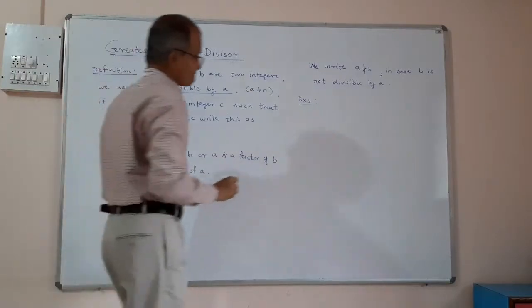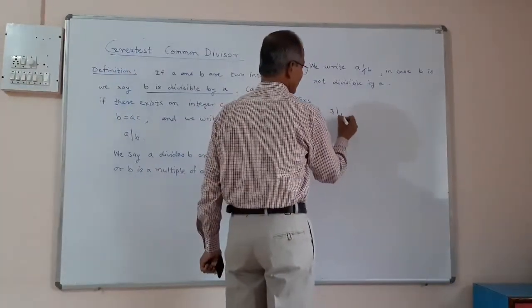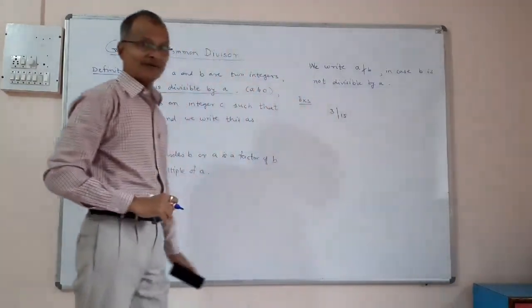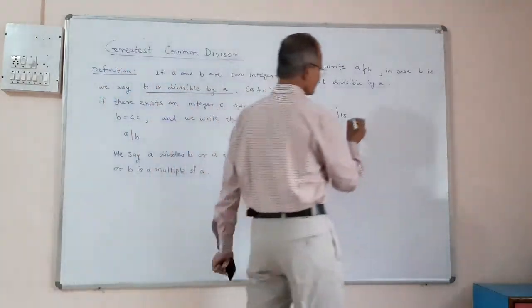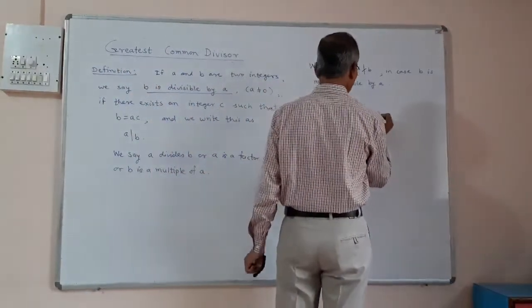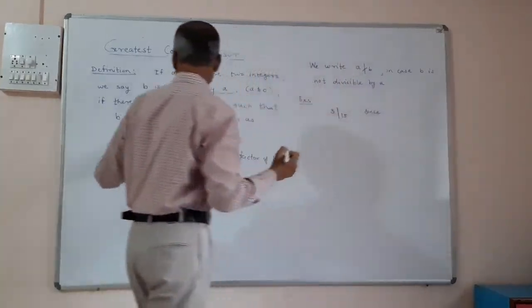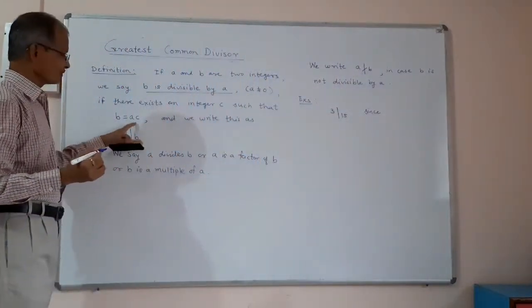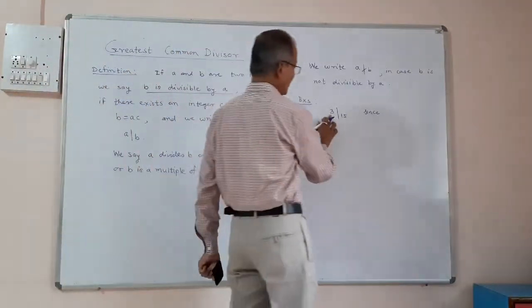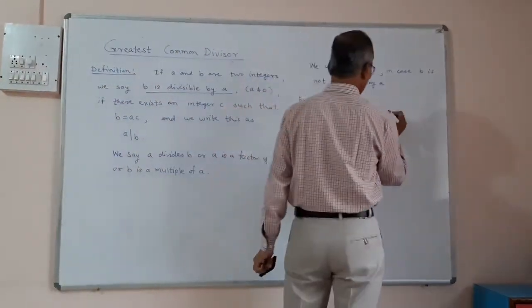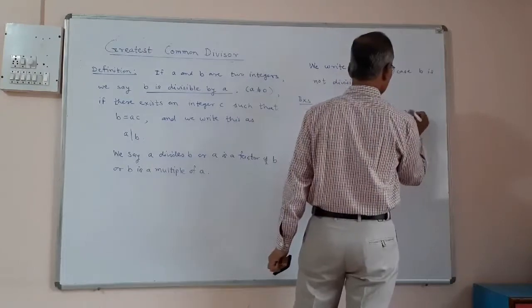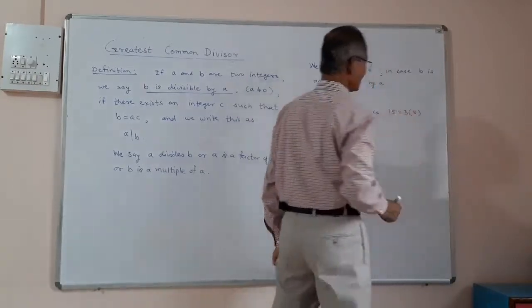Say 3 divides 15. 3 divides 15 because by definition, a divides b means b is equal to a c. So here a is 3, b is 15, and we can write 15 as 3 into some integer, and that integer we know as 5.